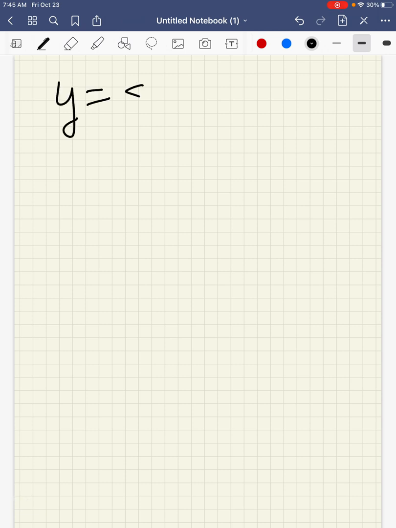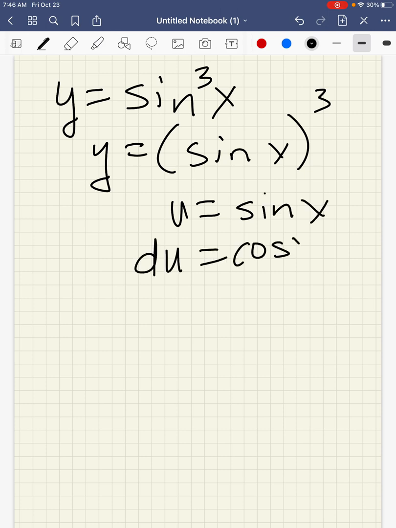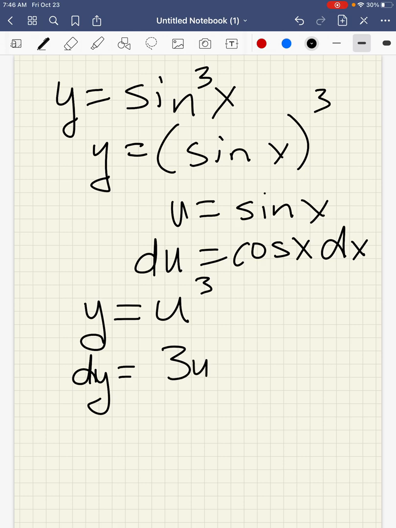Then we have y equals sine cubed of x. Now remember, that's like saying y is equal to sine of x cubed. So u will be sine of x, and du will be cosine of x dx. And the original problem is y equals u to the third. So dy is 3u squared du, and then plug back in.